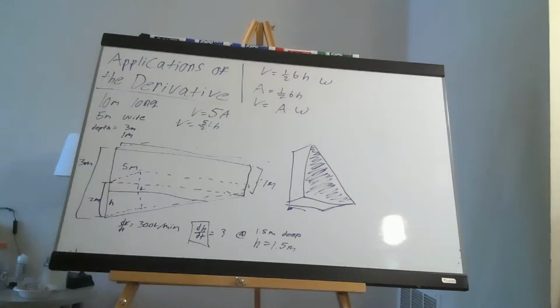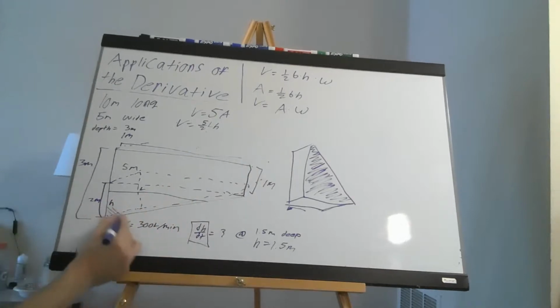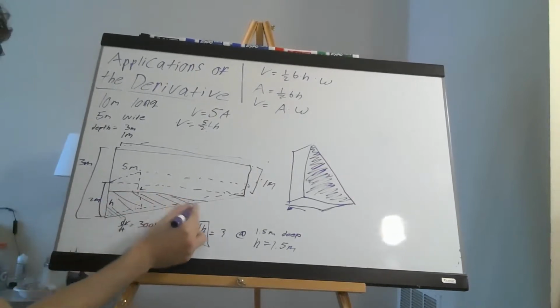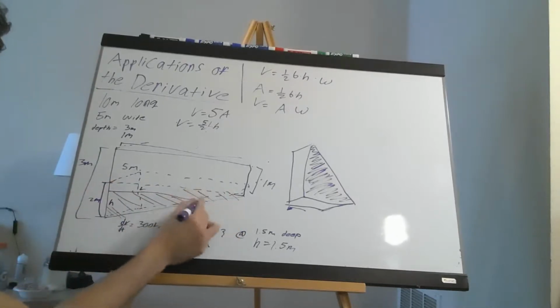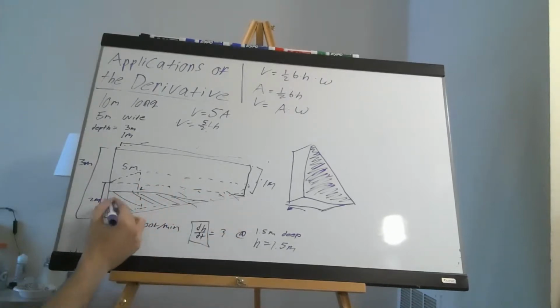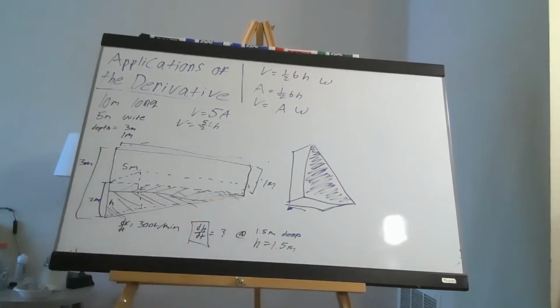Yeah, this one's pretty tricky, guys. So now we've got two triangles here that we got to think about. And then we got this guy, and I'll draw this one the opposite way so you know. Two triangles.